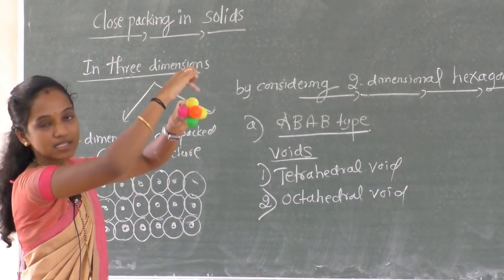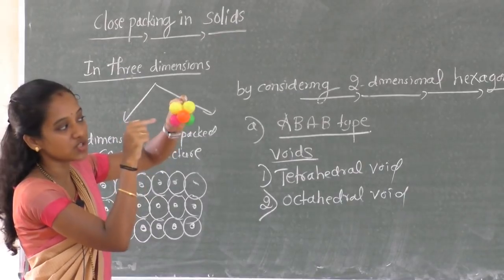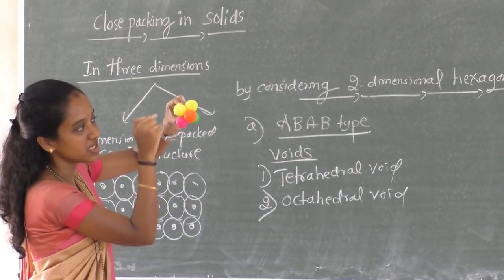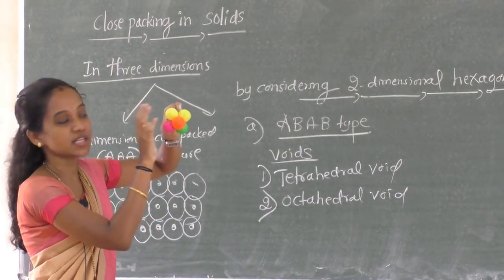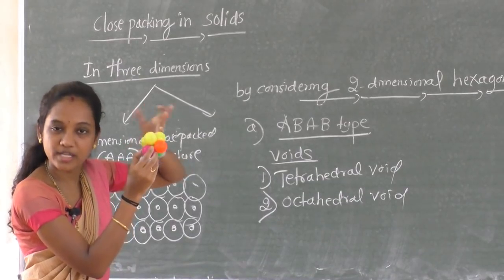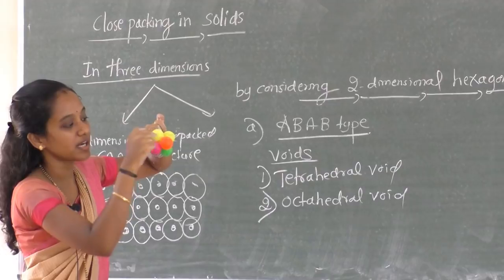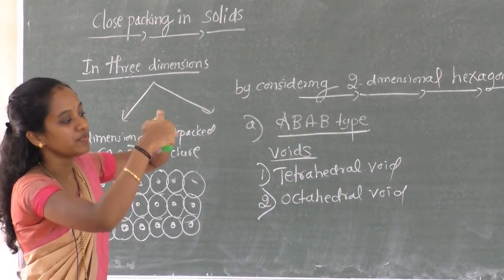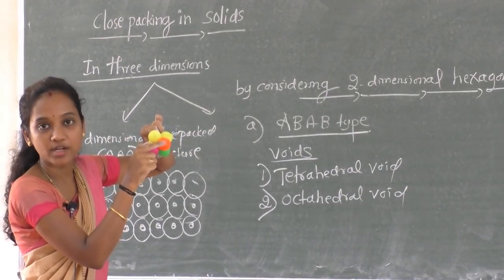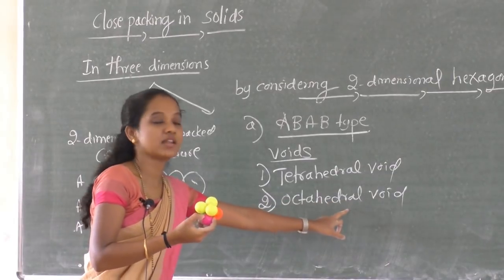So there will be 6 spheres. Now there is also a space within these 6 spheres. Void in the sense space, empty space or a vacancy. So the vacancy created between these 6 spheres is called octahedral void.